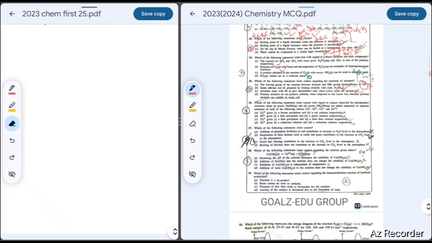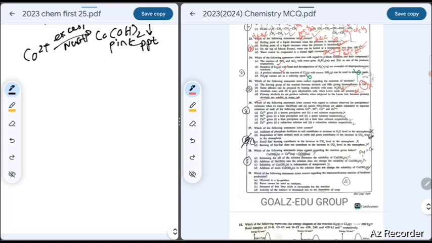Now what happens when we add excess sodium hydroxide to cobalt 2 plus? It gives cobalt hydroxide, which is a pink precipitate.